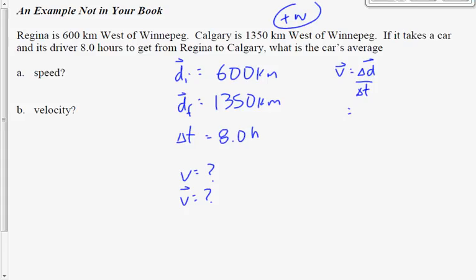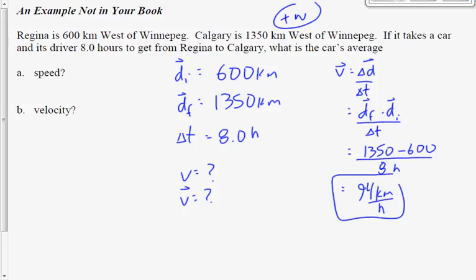Subtract, good. So it's going to be df minus di over delta t. It's going to be 1350 minus 600 over 8 hours. That's going to be 750 over 8. I think that's 93.75? So we get 94 kilometers per hour.